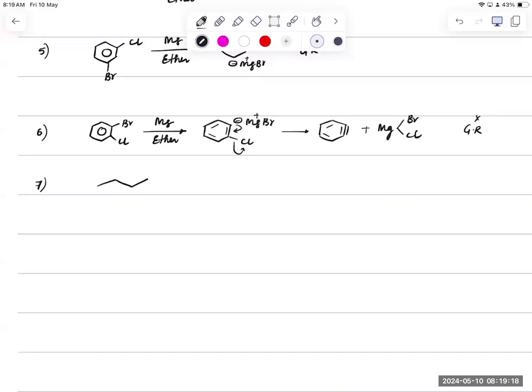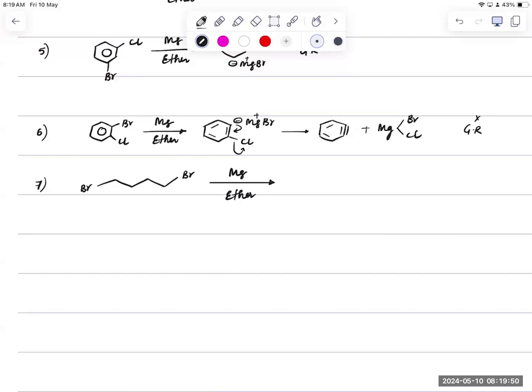Next, if you have 1, 2, 3, 4, so Br is here, 1, 2, 3, 4, and one more Br is here. So if you take in this case magnesium and ether, here also we'll get 1, 2, 3, 4. If you have 4 and above, there is no problem in terms of Grignard's reagent.